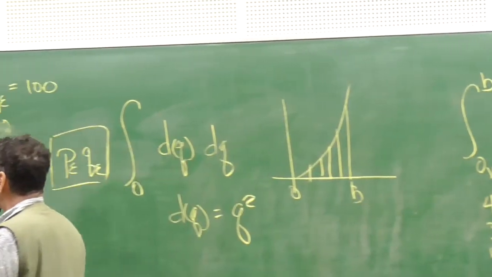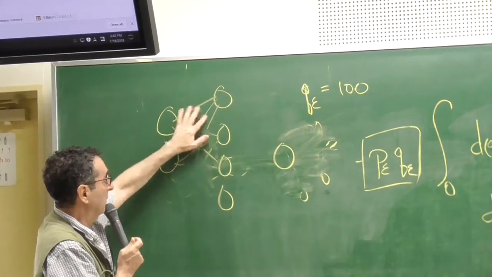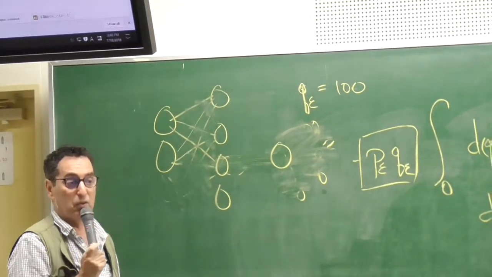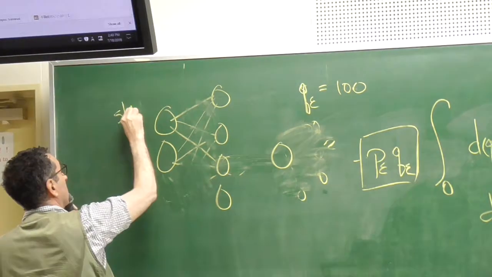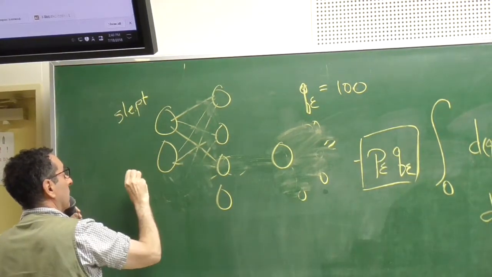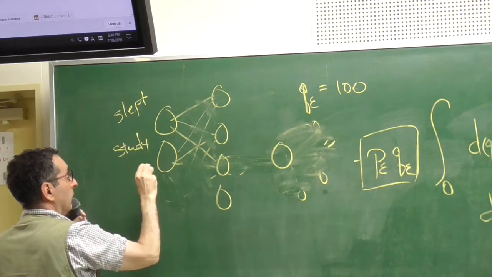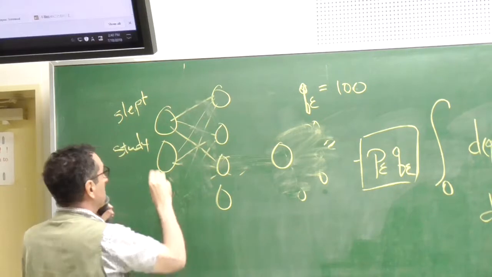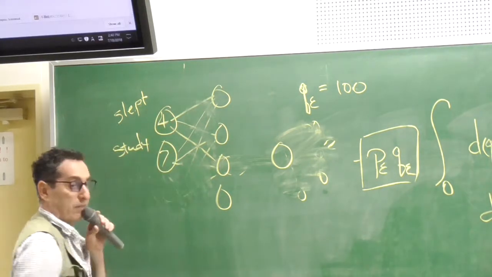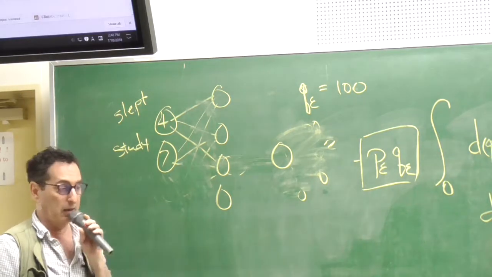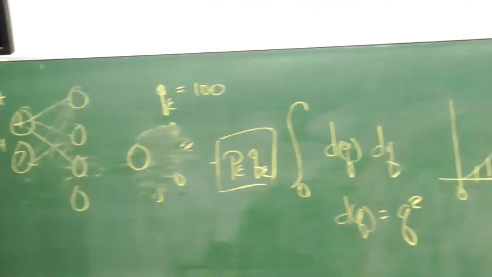So actually for our problem, we only have 2, not 3, because we only have the hours slept and studied, right? So for example, in the first case, we might put 4 into here and 7 into there. So this is the beginning of building this thing called a neural network.